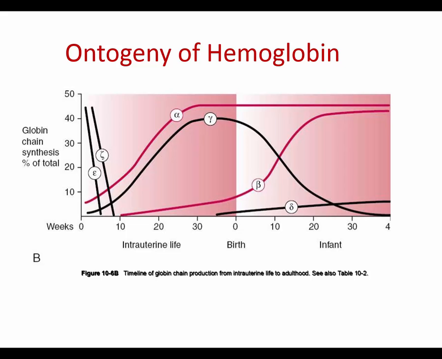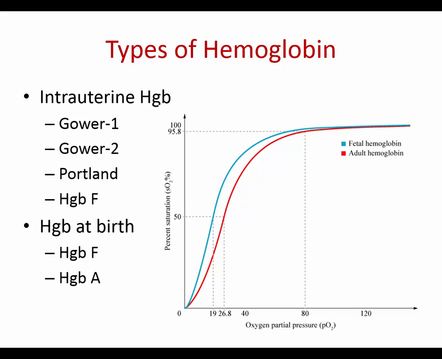In that case, the hemoglobin is going to be divided based on different names. These different names are called Gower 1, Gower 2, Portland, hemoglobin F, hemoglobin A1, hemoglobin A2, and hemoglobin A. Gower 1 is the time that you have a hemoglobin whose globin chains are 2 zeta and 2 epsilon.